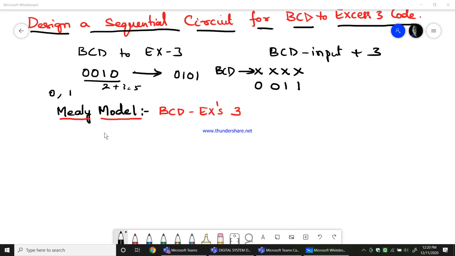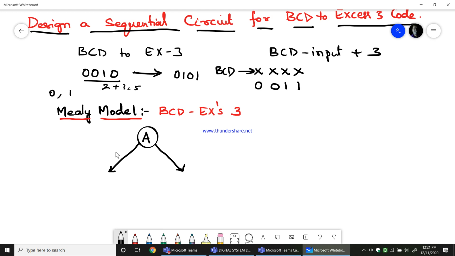Let me initially take a state A. Initially I have a state A. Now in state A we will have 2 states that come across.